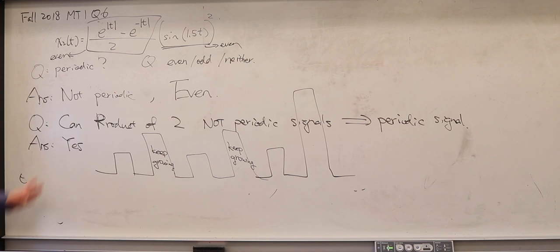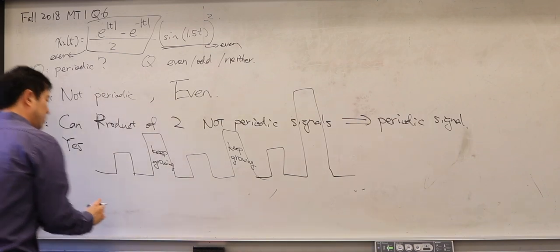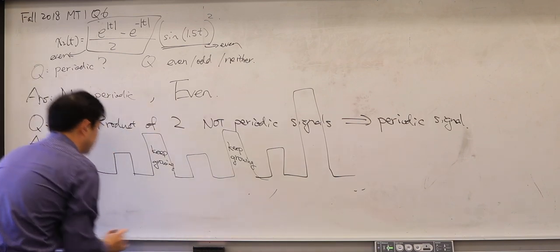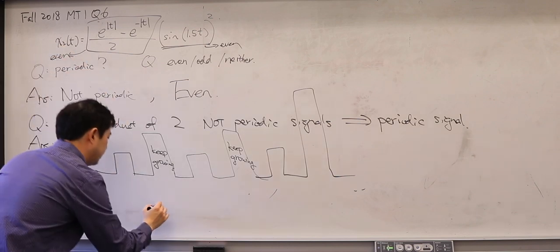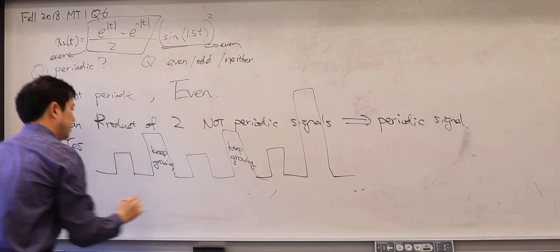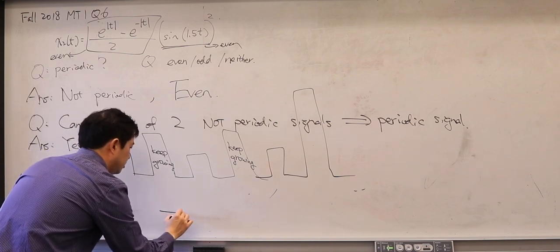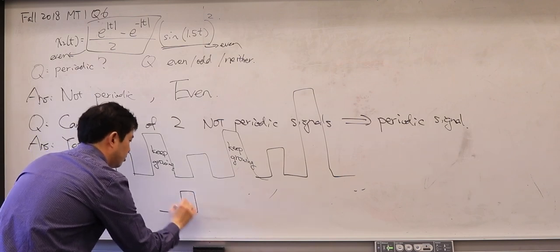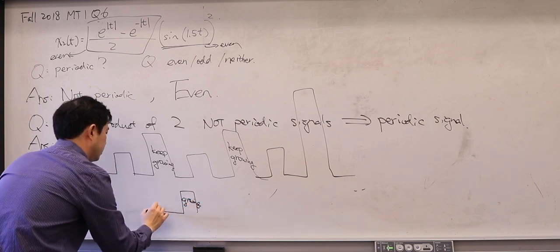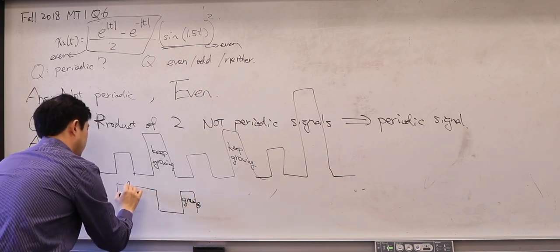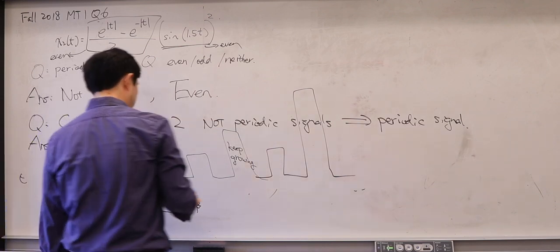Okay. If I multiply by another one that is shifted, that's 0 here, and then this part is growing, and then this part is 1. So that is the signal.